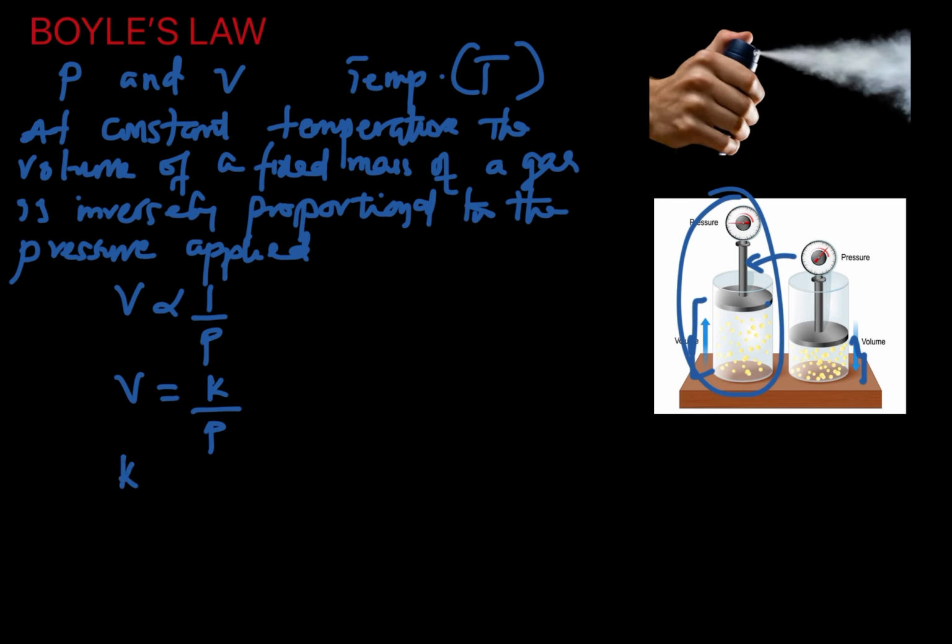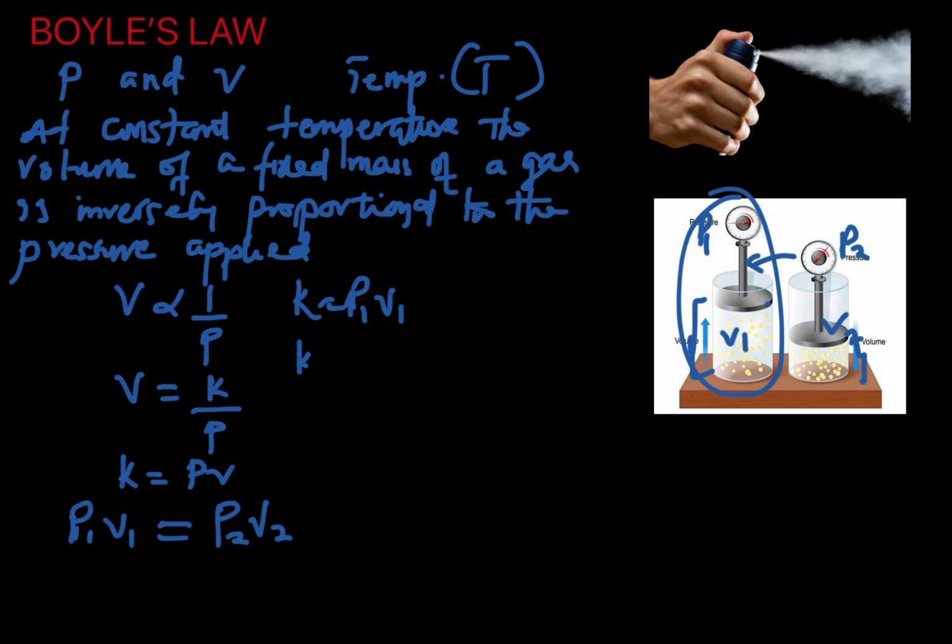So we can have K equal to PV. And if you want to consider the initial parameters and then the final parameters, let's say this is P1 and this is V1, and this is P2 and V2, then we can have a relationship that P1 V1 is equal to P2 V2, from the fact that K is equal to P1 V1 and K is equal to P2 V2 for both scenarios.